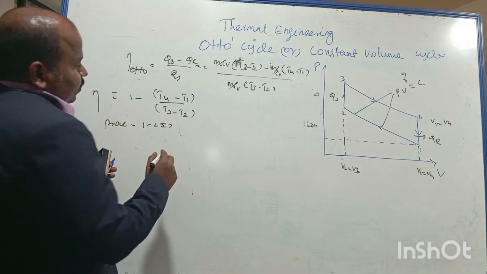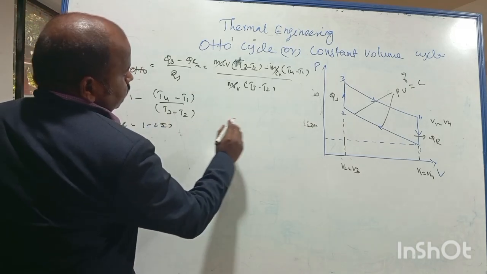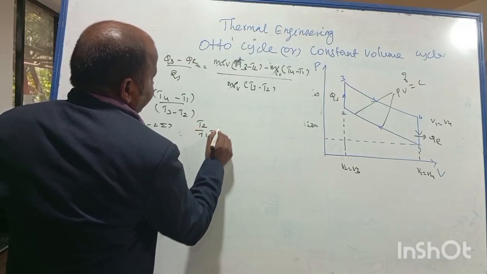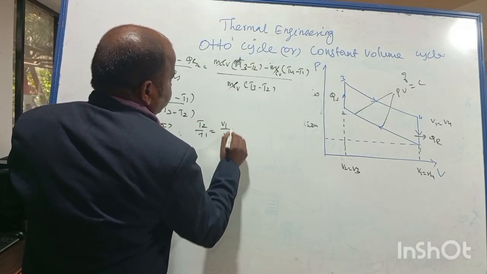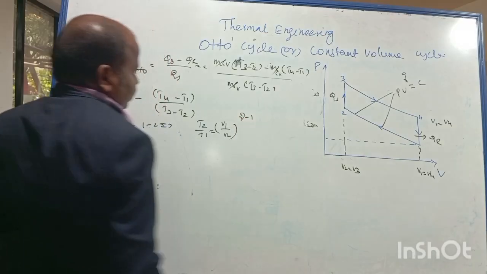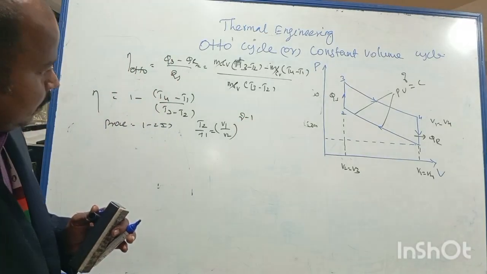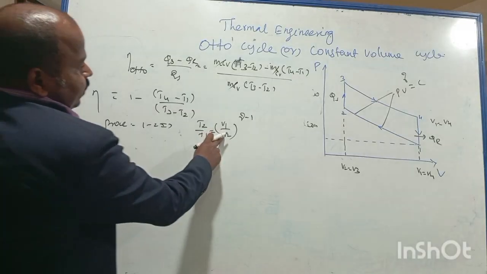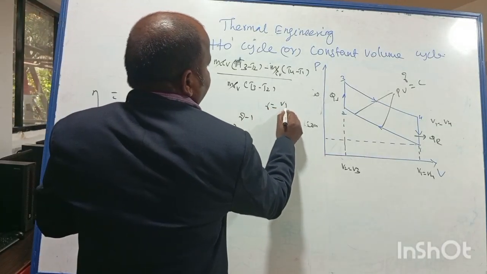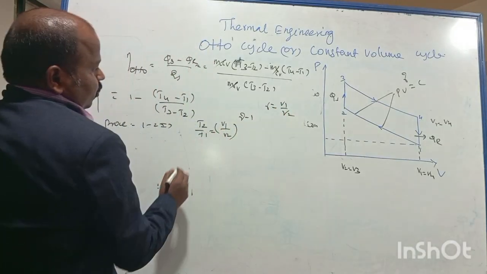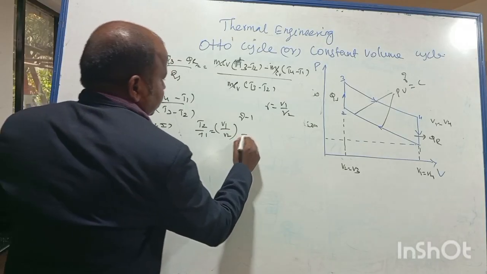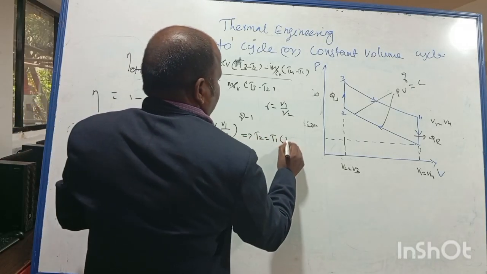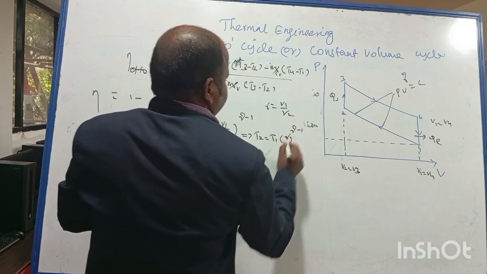Write the relation between temperature and volume: T2 by T1 should be equal to (V1 by V2) power gamma minus 1. That is the relation between temperature and volume for the adiabatic process. Now V1 by V2, I already told you, is r. So T2 is equal to T1 into r power gamma minus 1.